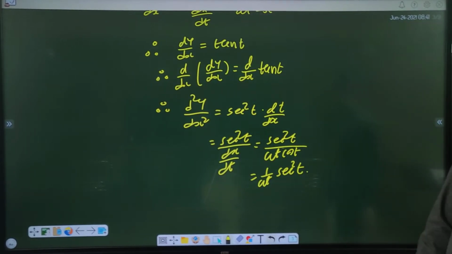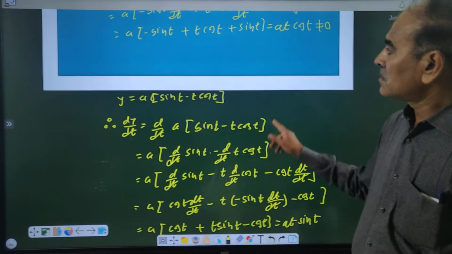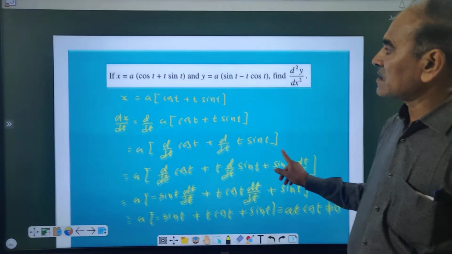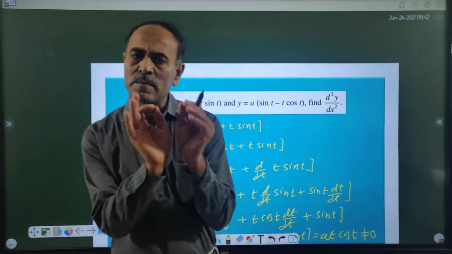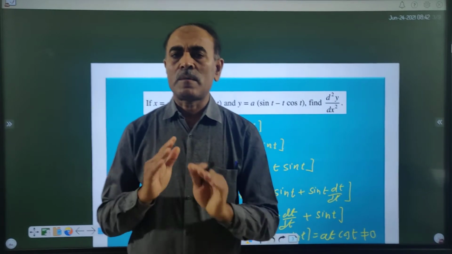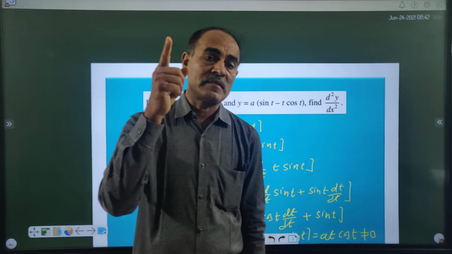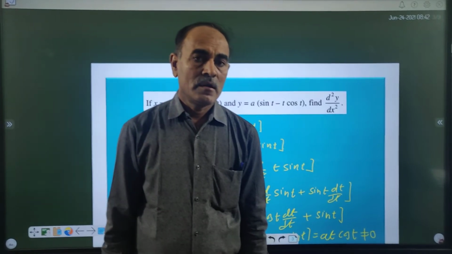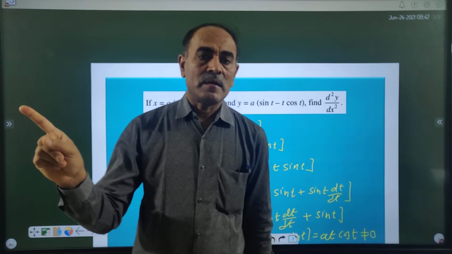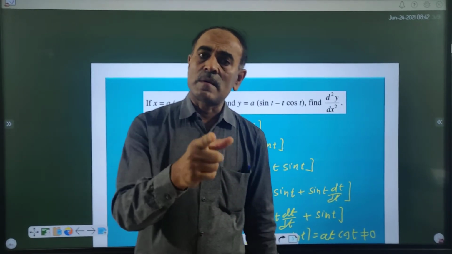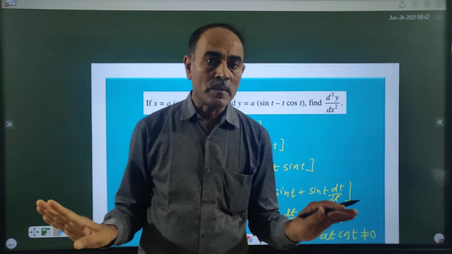So whenever parametric forms are given to us, then also we can find the second derivative. In the textbook they give only one sum, not more practice, therefore for more practice I already submitted one assignment to all of you. If you are clear about that assignment, meaning each and every problem of that assignment is solvable by you, then there is no problem.